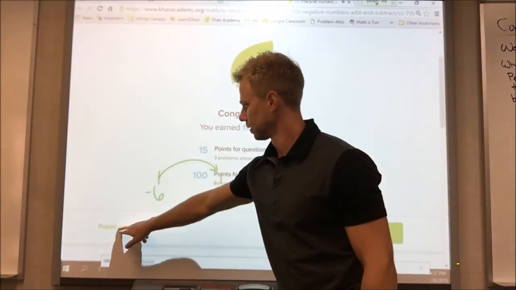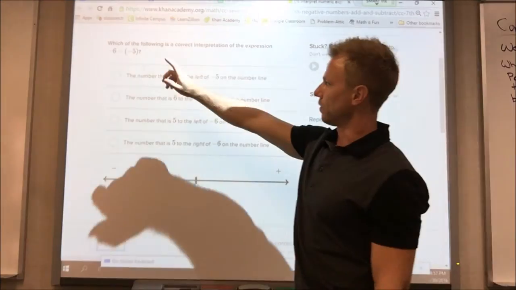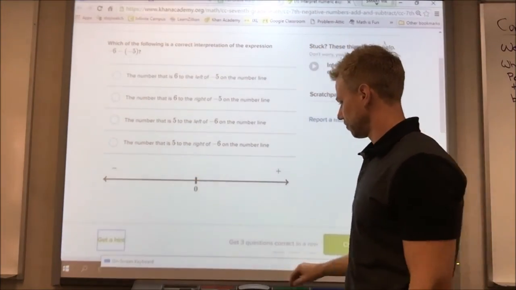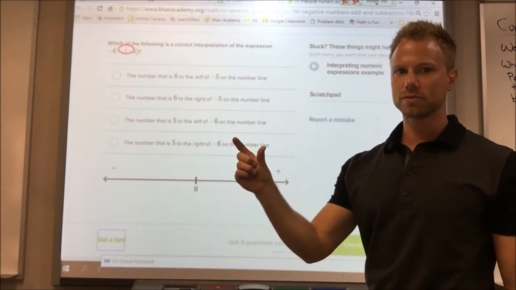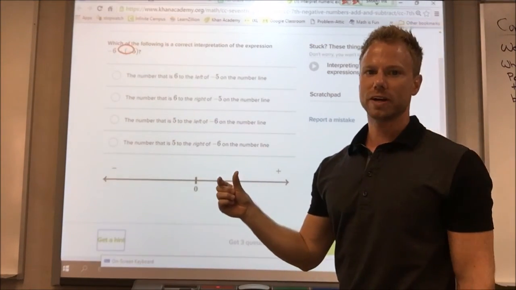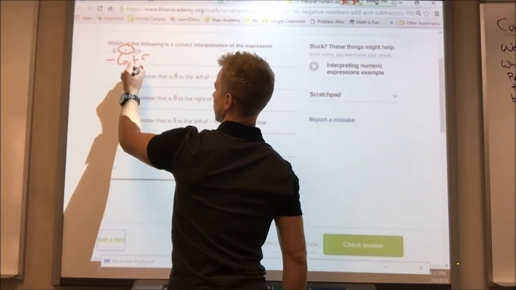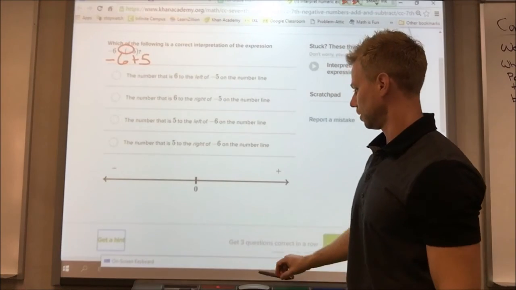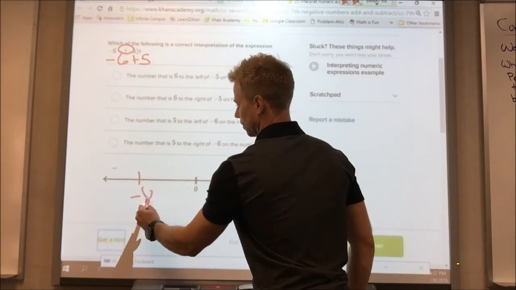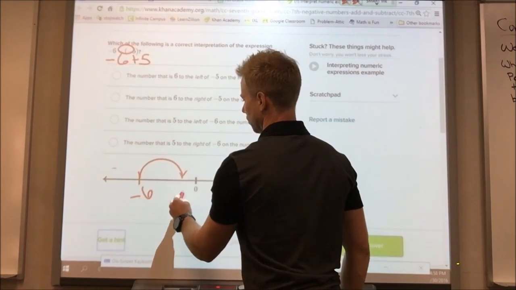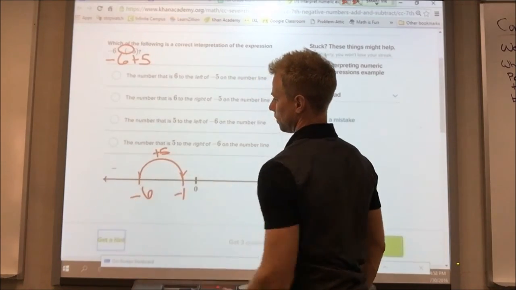All right, let's try just one more. We have -6 minus a -5. Again, we're going to apply our rules. 2 negatives right next to each other simplifies to a positive. 2 like signs becomes a positive. So that'd be -6 plus 5. All right, so we're starting at -6, and we're going to go to the right 5, which will bring us to -1.